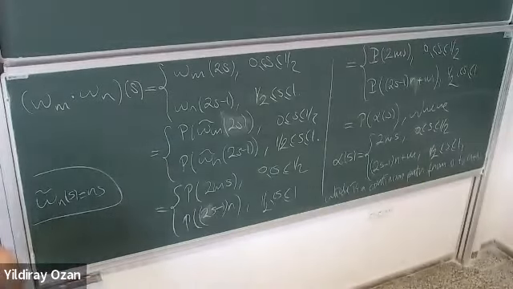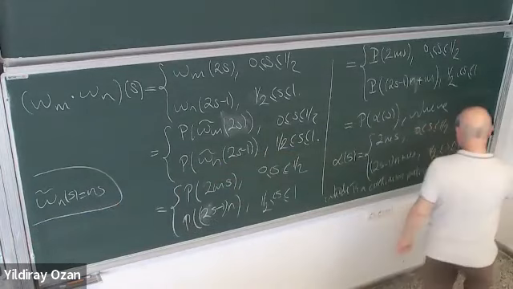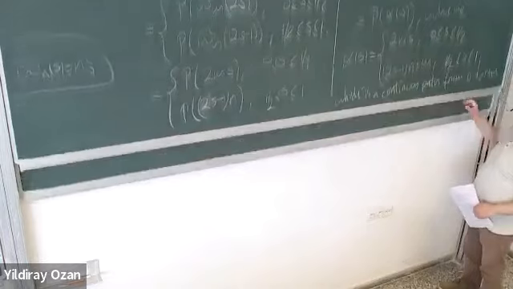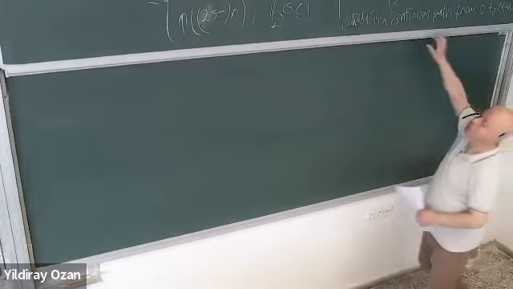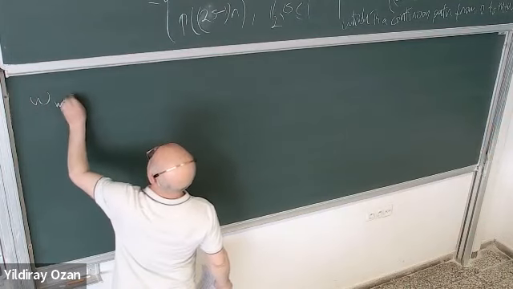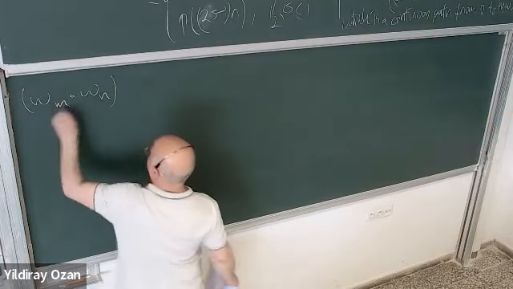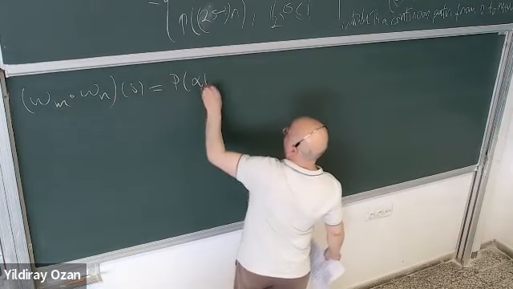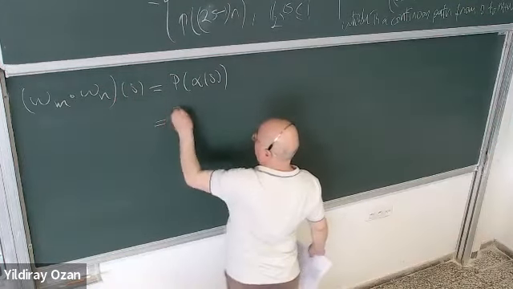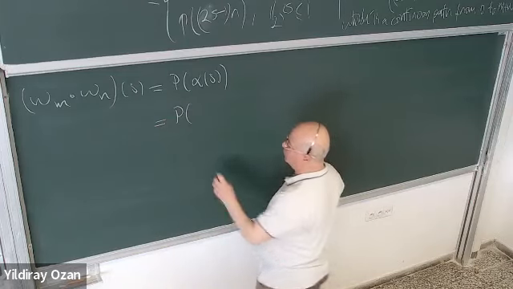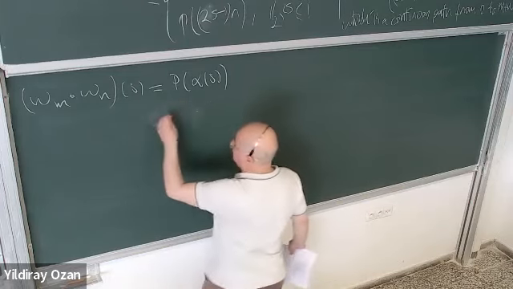Now, alpha is a path from 0 to m plus n. Therefore, this W_m dot W_n s, which is equal to P of alpha s, is the same as... no, it is not the same as this one.